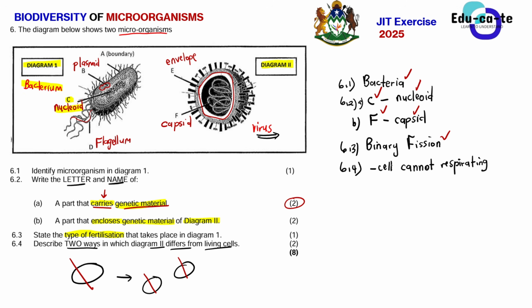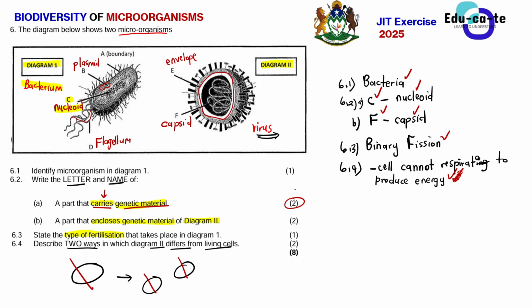So the virus cannot respirate to be able to produce energy. That's the first difference. Viruses are not able to respirate because they do not have mitochondria. They say two ways here, so you can talk about something else.